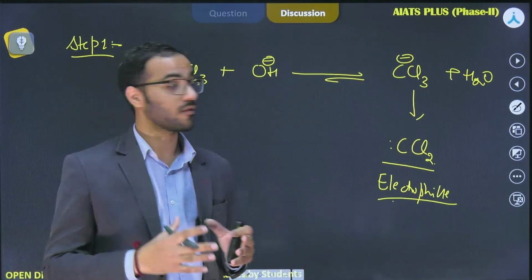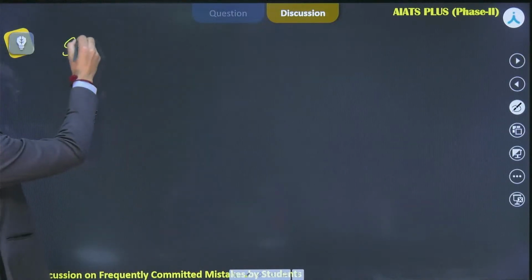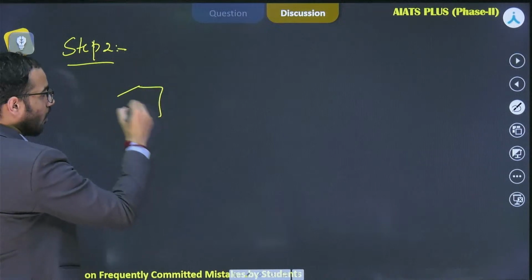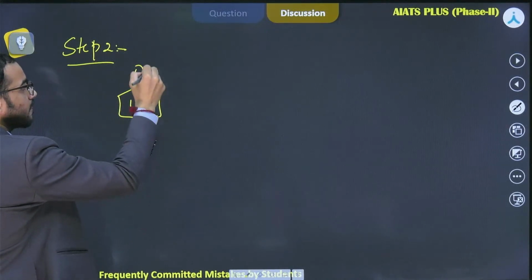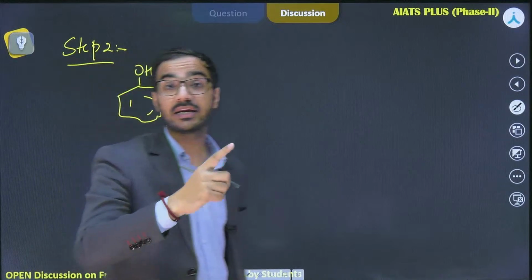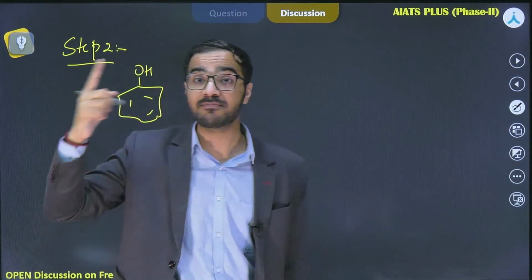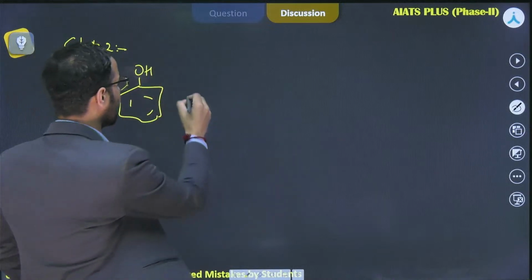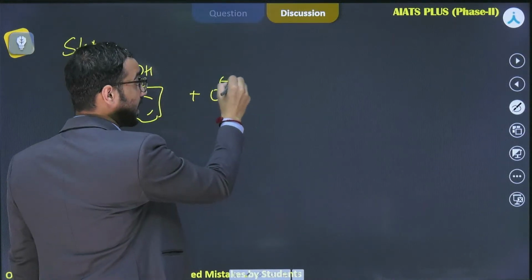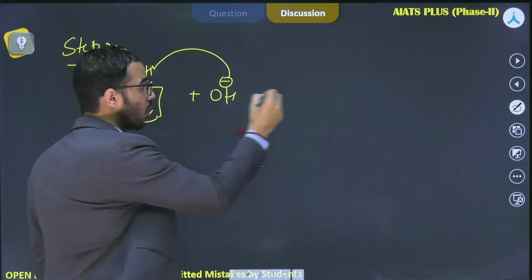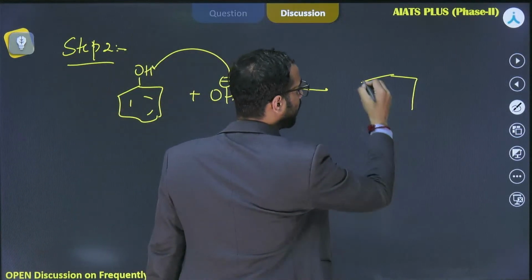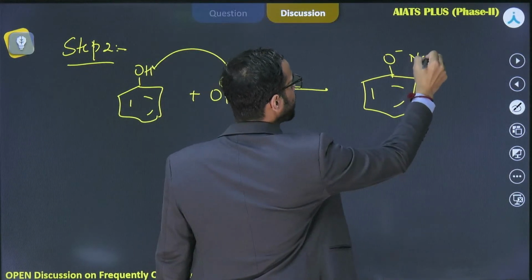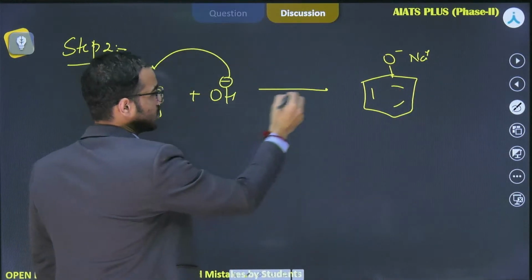And also, when we do step number 2, there is a phenol, and the medium is basic, so basic that it can abstract this acidic proton, and we have base, so it can abstract this proton and you will have a phenoxide ion, O minus Na plus if you are taking NaOH.